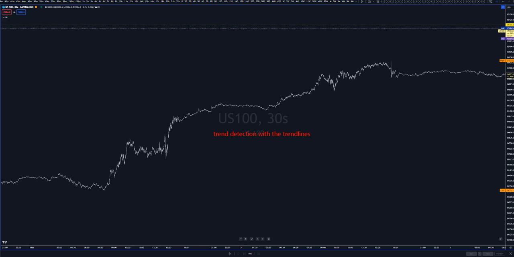In this chart, you see the NASDAQ price development in a 30-second chart. So we can, for example, now detect the major trend on a higher time frame. It can be 5 minutes, 10 minutes, 15 minutes, hourly time frames, or daily, or even weekly. It depends on our personality as a trader and our risk tolerance.